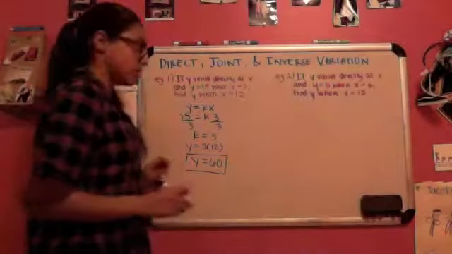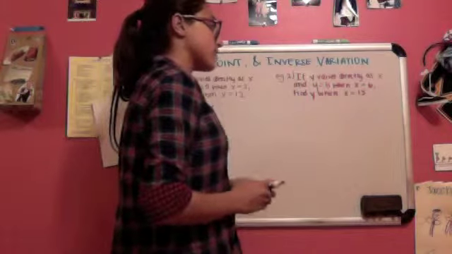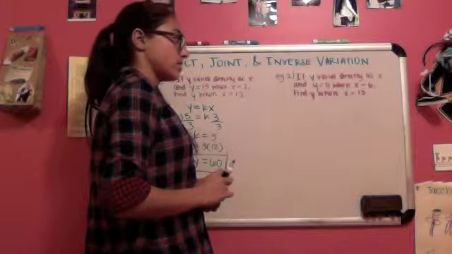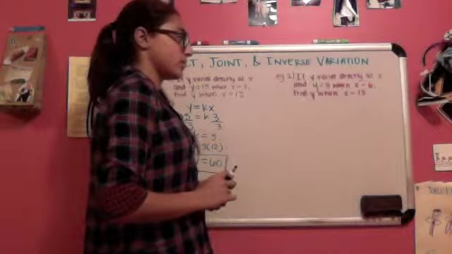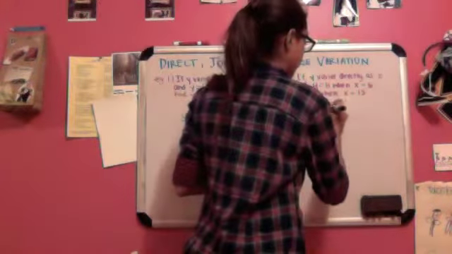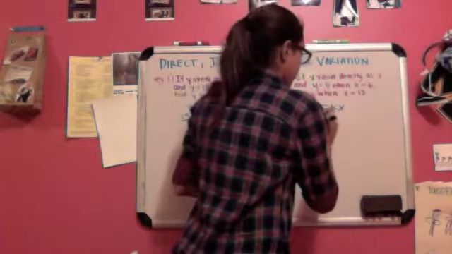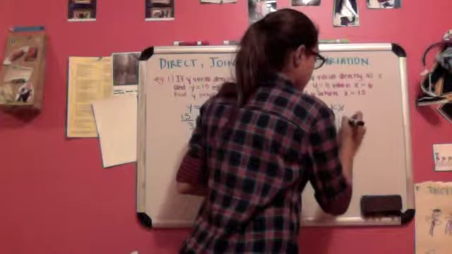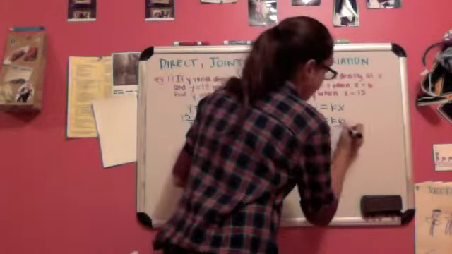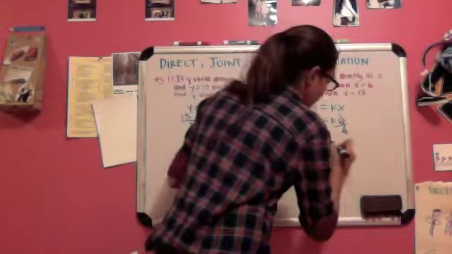Now the next one asks, if y varies directly as x and y equals 8 when x equals 6, find y when x equals 15. So we write out the equation, y equals kx, and plug in the numbers for the variables, which is 8 equals k times 6, and we divide by 6 on both sides. 8 divided by 6 is 4/3, so k equals 4/3.